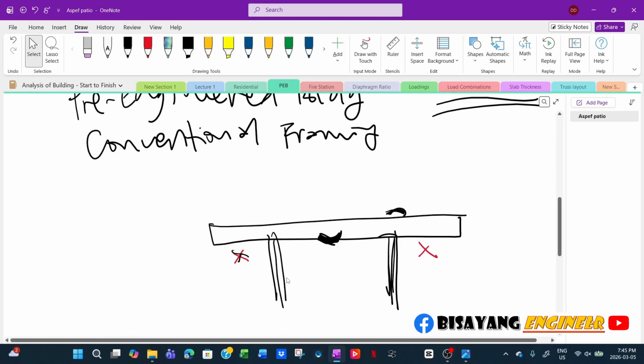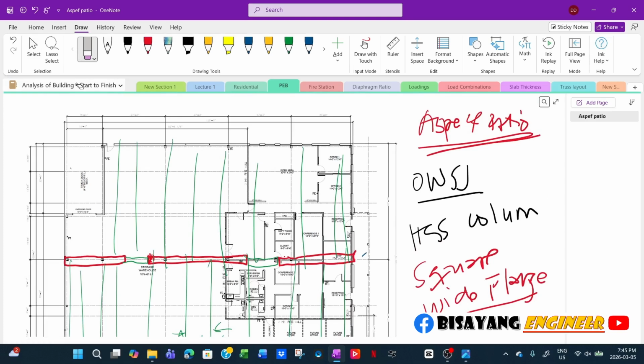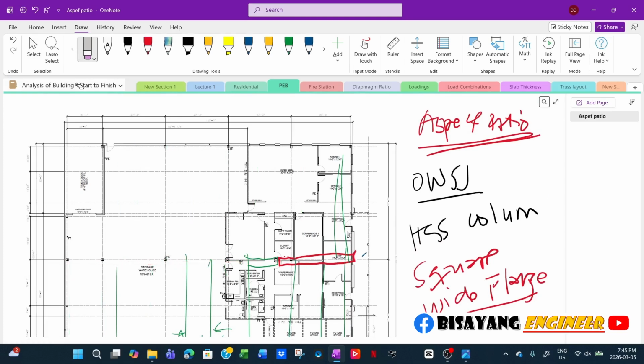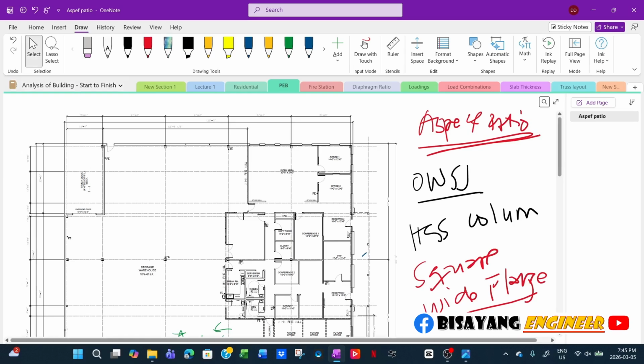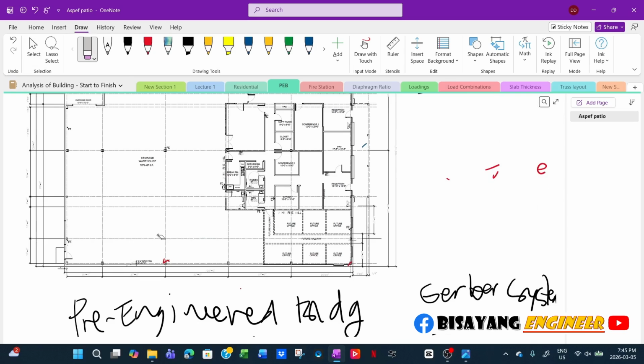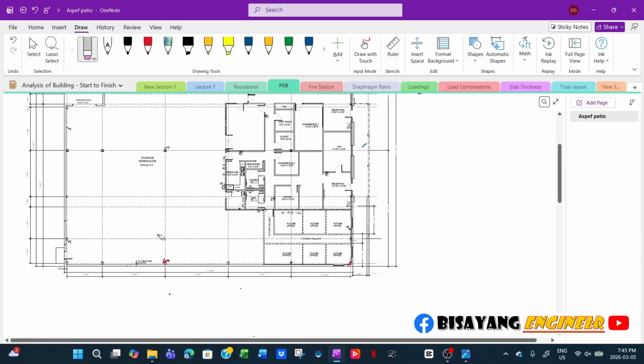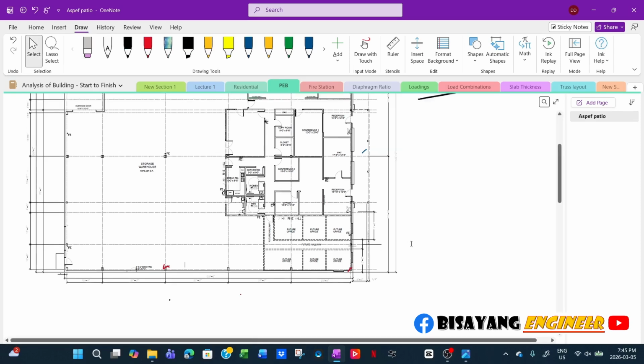And then the next framing would be if we frame this as a pre-engineered building. So I also saved a photo of one of our projects where it's a pre-engineered building with intermediate supports.